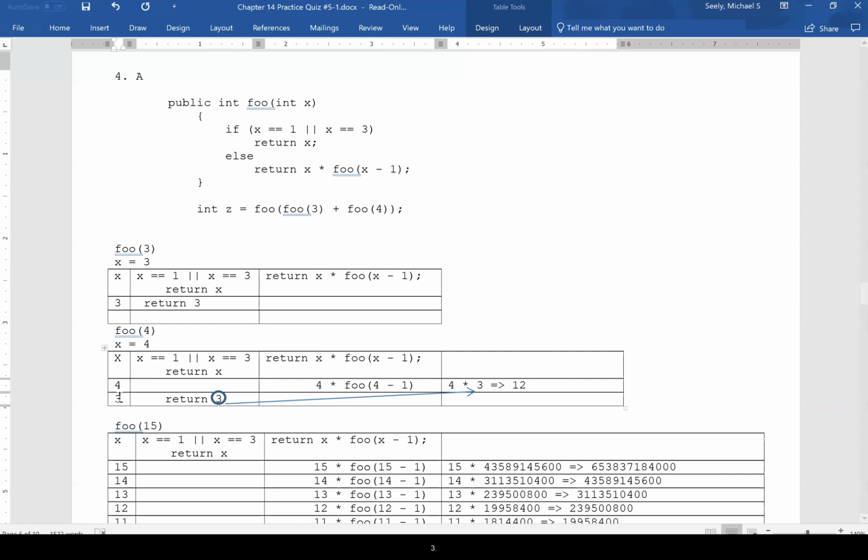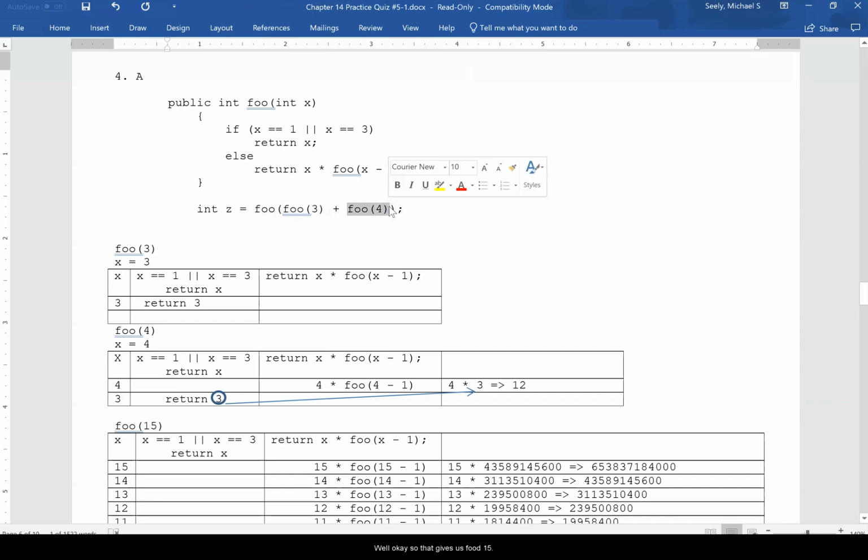And then 3 into foo gives us x, basically, and that's what I did right here. So that gives us 3. So we pop back up the stack. We have 3's right here. That's basically that part of the recursion. So we got 4 times 3 is 12. So on this side you got 3, and on this side you got 12. Okay, so that gives us foo 15.